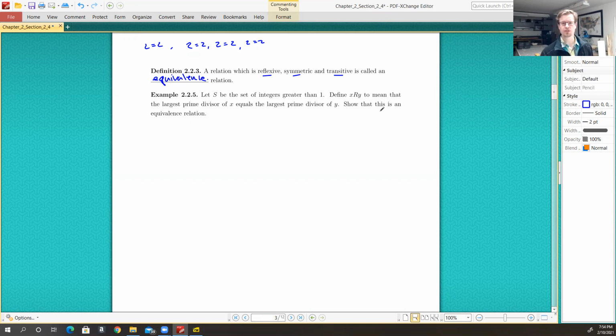So in this case, we want to show that this is an equivalence relation. So I'm telling you it is reflexive, symmetric, and transitive. And we want to show that it is each one of these things. So I'm going to write down each of the properties we want to show. Reflexive.